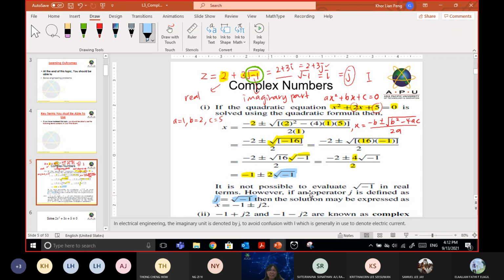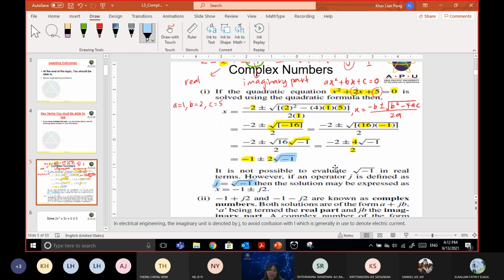When it comes to engineering maths, instead of writing j behind the 2, we may also write it in front of the 2. Please take note, this is not wrong, this is a correct way to do it. Of course, we can also write the j behind the 2. So from here, we get negative 1 plus minus j2.